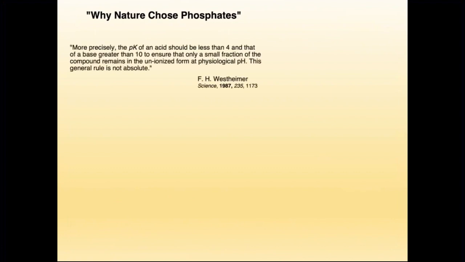So if you can imagine, when Frank Westheimer asked why phosphate, he said the pKa of the phosphate is far away such that it's always ionized, and you need your DNA and RNA backbone to be ionized, because otherwise they will not dissolve in water, and they need to be stable and not hydrolyzed. That is what is important.